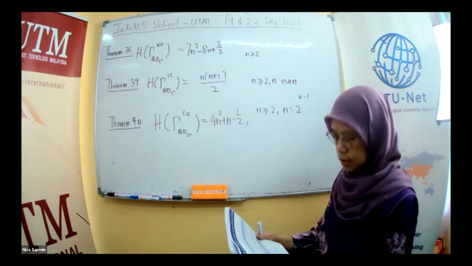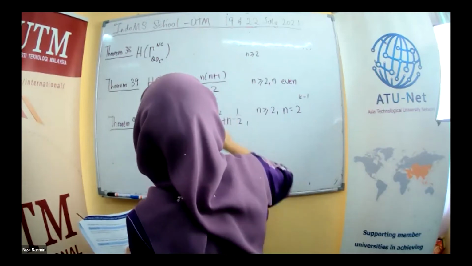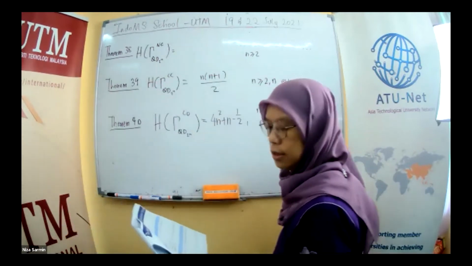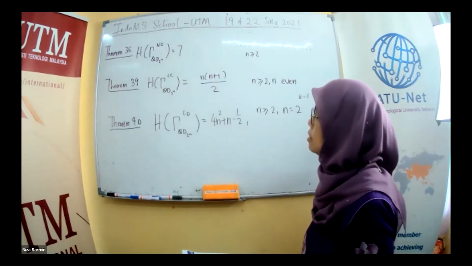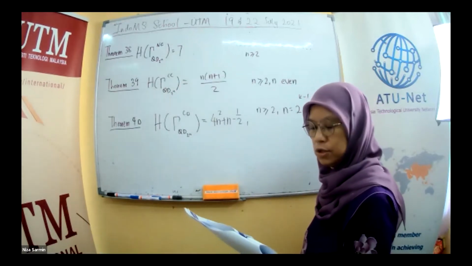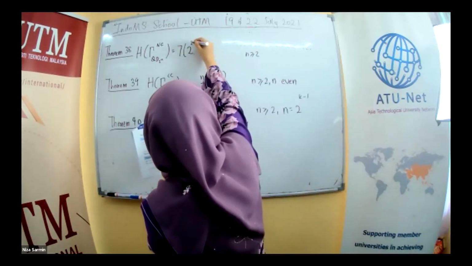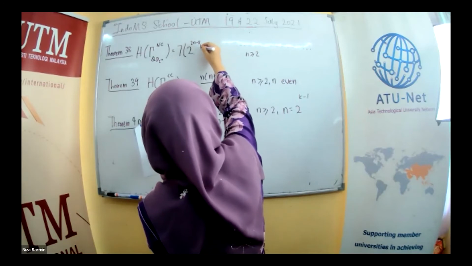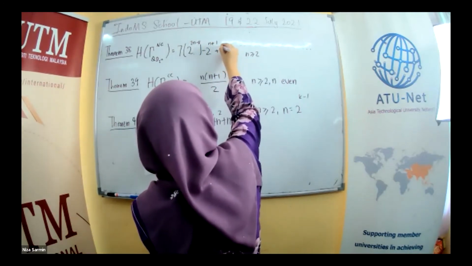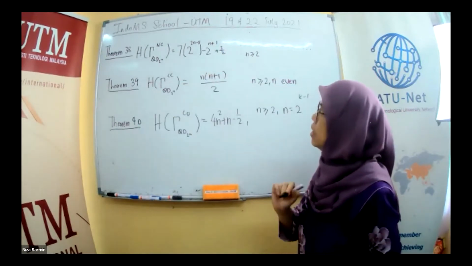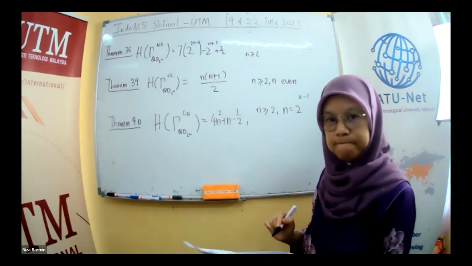The first one is the non-commuting one. Okay, this is 7. Yeah, quasi-dihedral is quite complicated. 2 to the 2n minus 4 minus 2 plus 0. Okay.